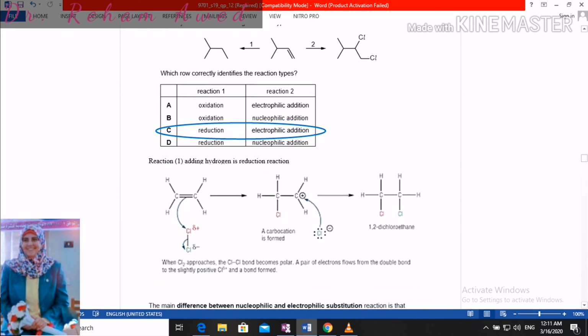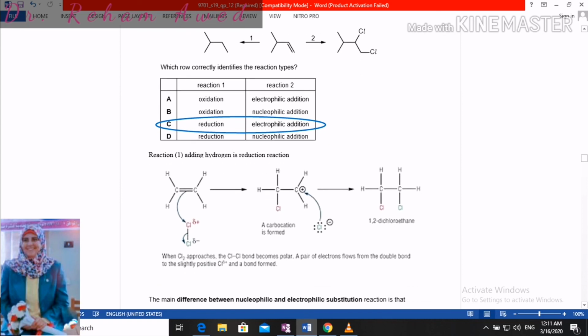In the following picture, we can see the mechanism of the chemical reaction. The double bond is highly charged. The double bond is electron rich, so it will work as a nucleophile. The double bond will attack the chlorine atom, so it will make an unequal distribution of the covalent bond electrons in the chlorine molecule.